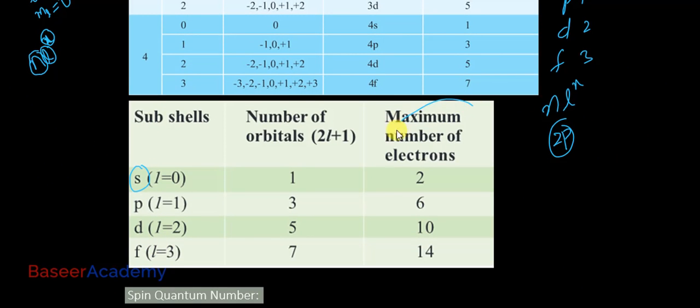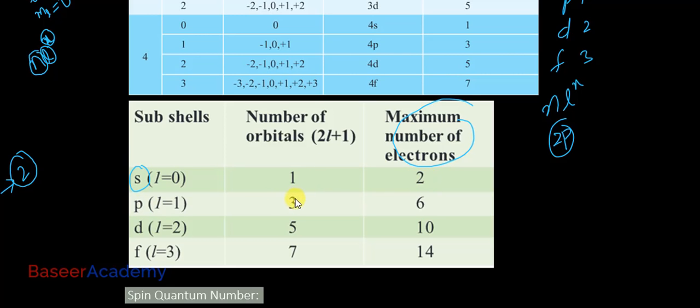And what is the maximum number of electrons in each subshell? Remember, the maximum number of electrons that each orbital can occupy is 2. The s subshell has only 1 orbital, so this 1 orbital can have a maximum of 2 electrons.